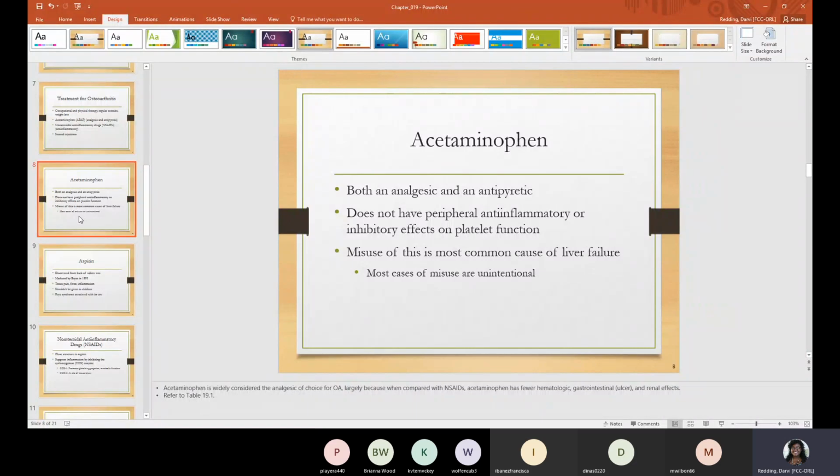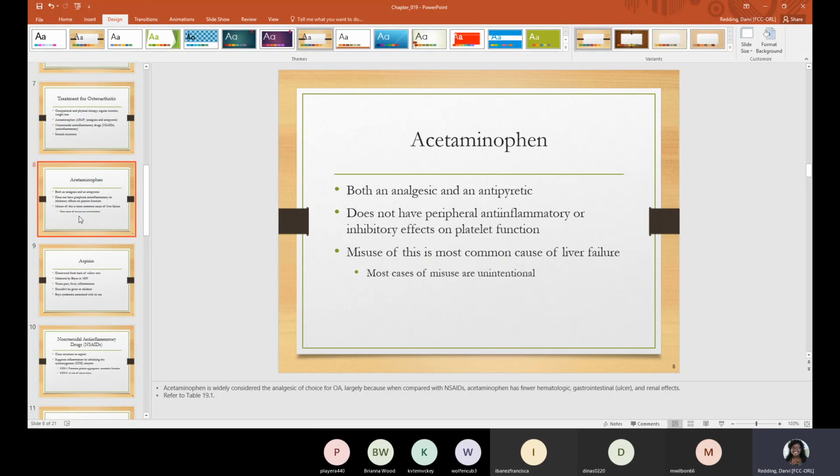Now with acetaminophen, remember acetaminophen's abbreviation is APAP. So if you ever see that written on a prescription, that's what the physician, or should I say prescriber, is referring to. Acetaminophen can also be in combination with some medications, so you might see that as well.